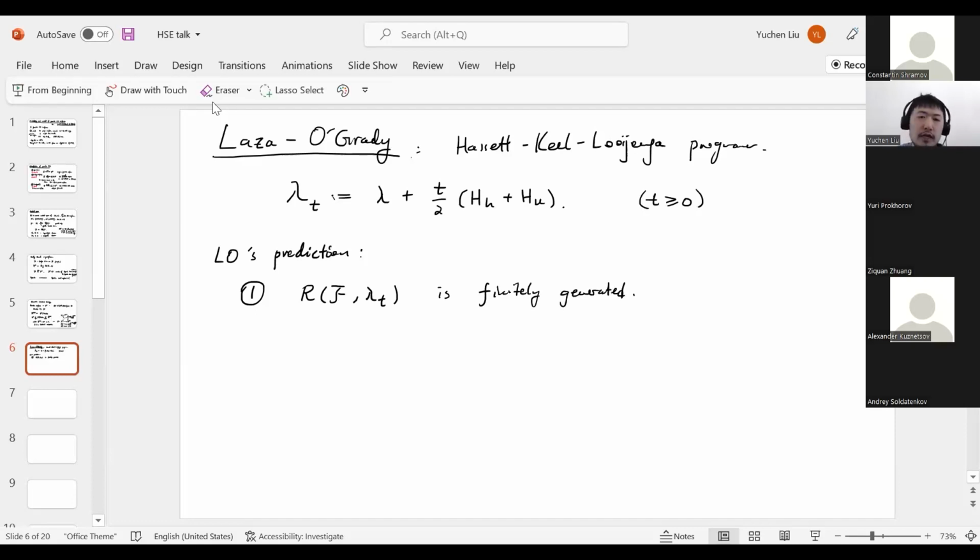And moreover, if you take the Proj of this ring R(F, lambda t), and they call it Ft, then this is birational to F. And moreover, there's an explanation of these spaces. So of course, first of all, you have F0 is F star.